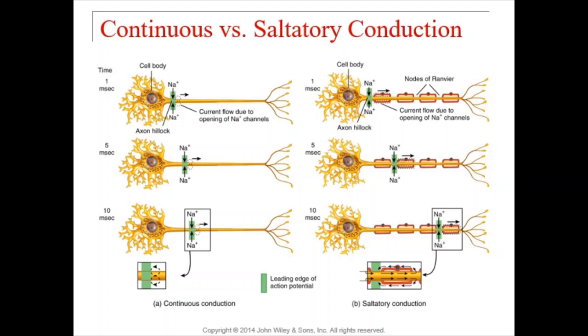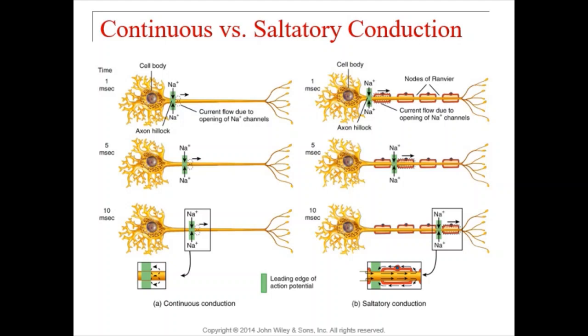You can imagine trying to get to school. Imagine driving to school in a car. If you did something like continuous conduction, that would be like driving the full road. But if you were doing something similar to saltatory conduction, that would be like jumping from intersection to intersection. You don't have to drive the full length of the road.